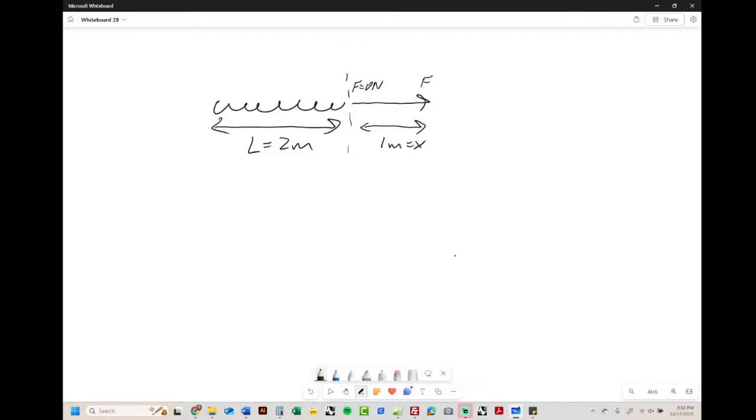But by the time we get to stretching it here, let's say we get to 10 newtons. So if you know about spring constants, it's force per distance stretched, and for 10 newtons, we're stretching 1 meter. That's 10 newtons per meter. So for every meter that you stretch this thing, you've got to exert 10 more newtons.